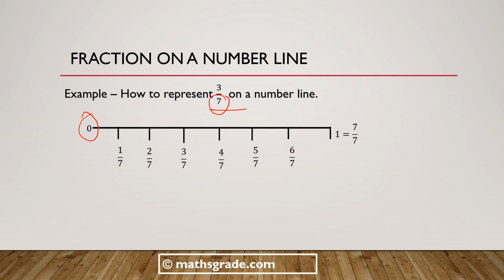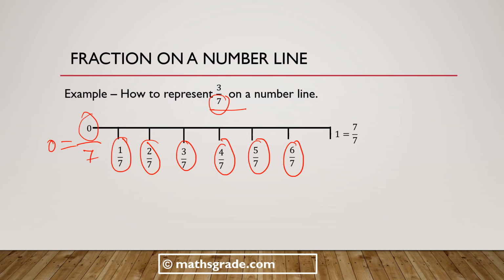What is the denominator? That is the number by which we should divide the line. So here 0 divided by 7, which is equal to 0. Then 1 divided by 7, 2 divided by 7, 3 divided by 7, 4 divided by 7, 5 divided by 7, 6 divided by 7, and the last one is 7 divided by 7, which is equal to 1.